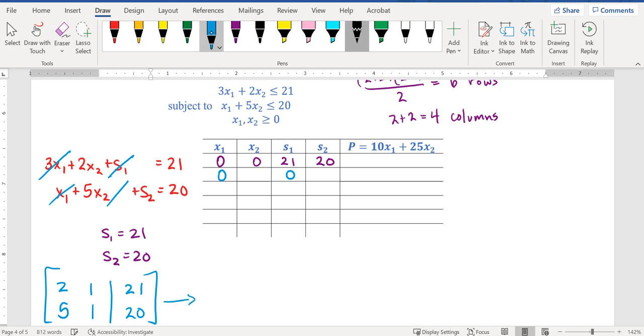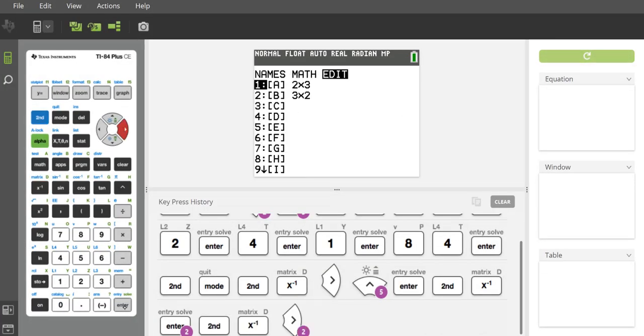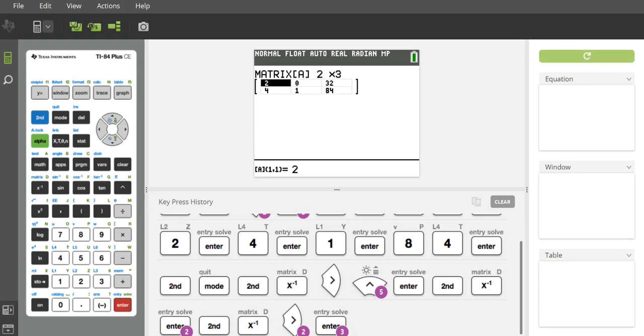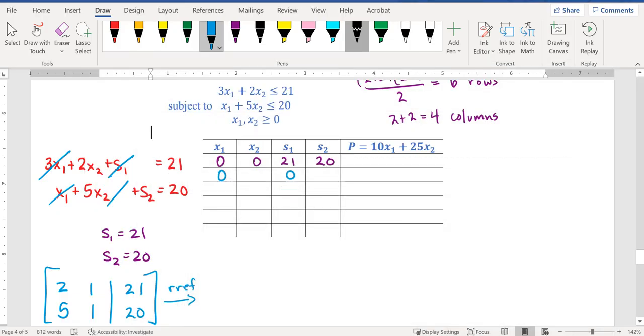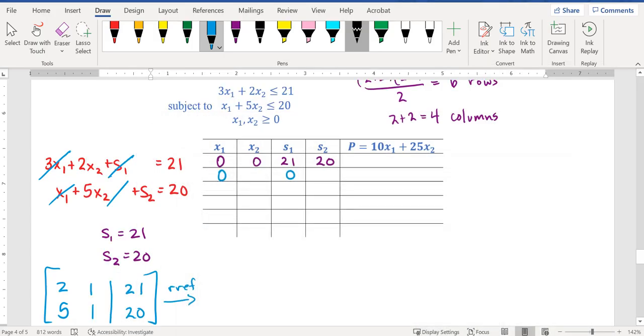If I RREF this, let's go do that. So I get 2, 1, 21, and then 5, 1, 20. That doesn't make sense. Hold on. 2, 0, sorry. S1 is gone. There's no S2. 5, 1, 20.